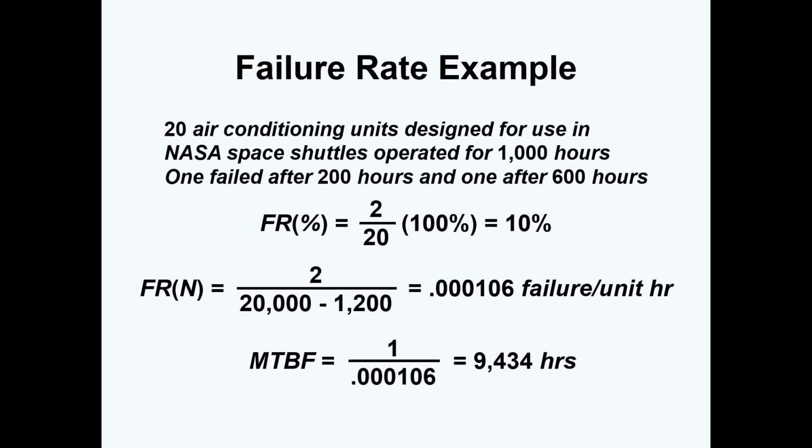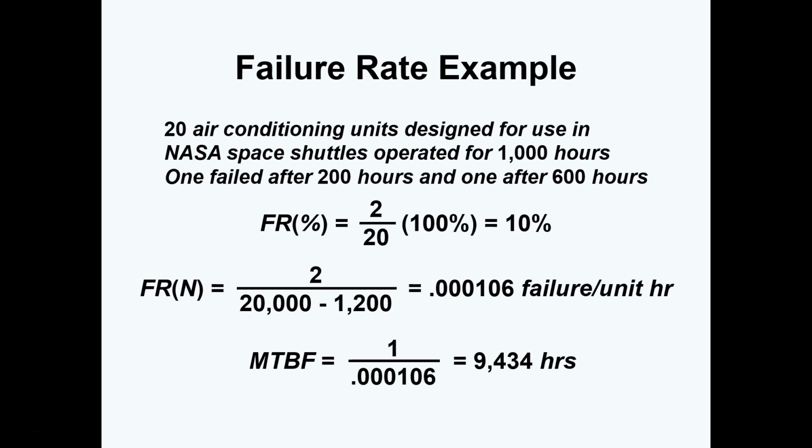So if one failed after 200 hours and one after 600 hours, those two operated 800 hours instead of 2,000 hours. That's the difference of 1,200 hours that need to be subtracted from the 20,000 to get the actual unit hours of operations. So whatever failure is, we need to subtract it, and that will be the total operating hours.